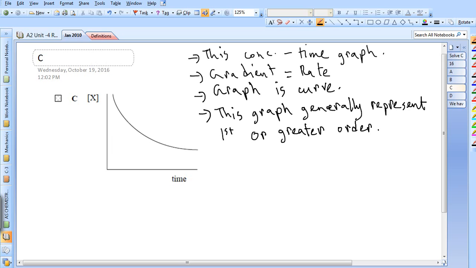But here, the concentration time graph will have a curve or non-linear graph for first or greater order. I hope that this makes you clear. So this will have first or greater order.